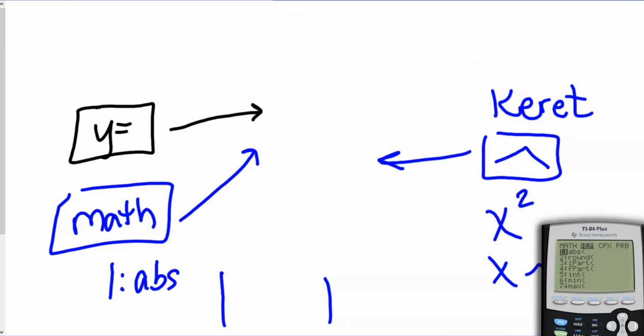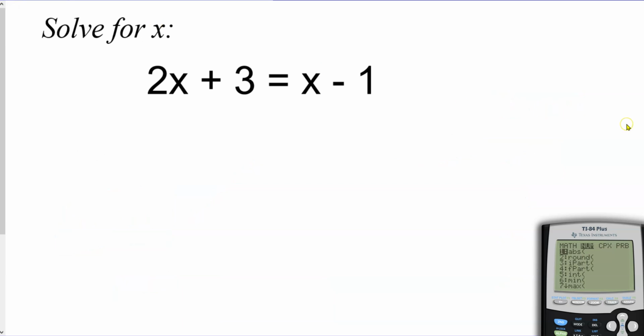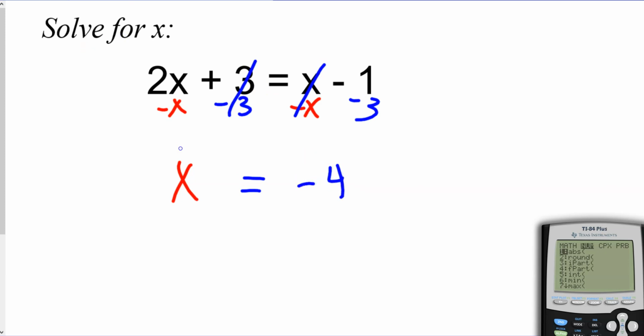Alright, so let's start with an easy example. If I were to give you an equation like this and ask you to solve it for x, I'm hoping, since you're in a pre-calculus class, that you know how to solve this equation. You'd subtract x from both sides to get x on this side, and maybe in the same step you can subtract 3 and get x equals -4.